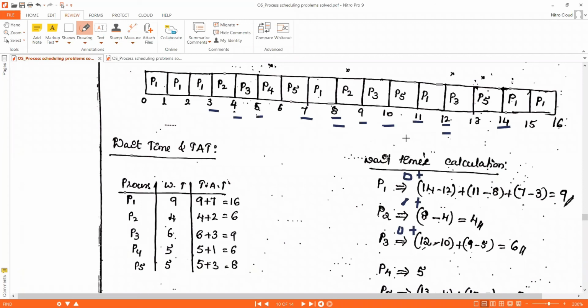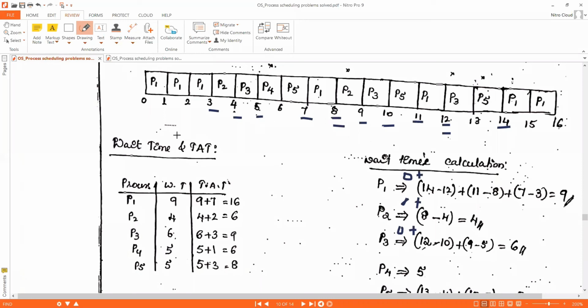So 0 plus 12 minus 10 plus 9 minus 5, that is 6 milliseconds, is the waiting time for process 3.